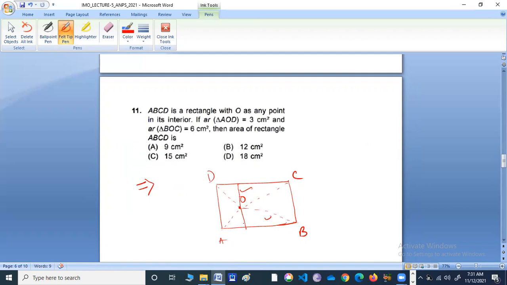So area of AOD is equal to half of area of AFED. Suppose this we have taken E and this we have taken F. So area of AOD will be half the area of ADEF.